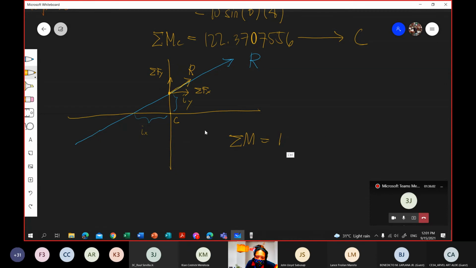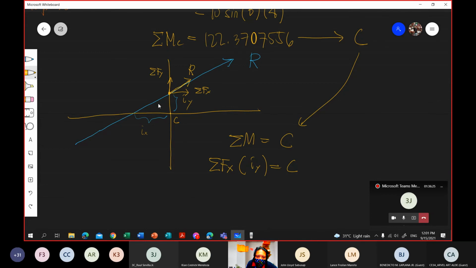Ginstore ko yung value. So, amit i-evaluate summation of moment. So, dapat, ang summation of moment is the moment of the resultant. Summation of forces along X multiplied by IY. Di ba? This should be equal to the C.